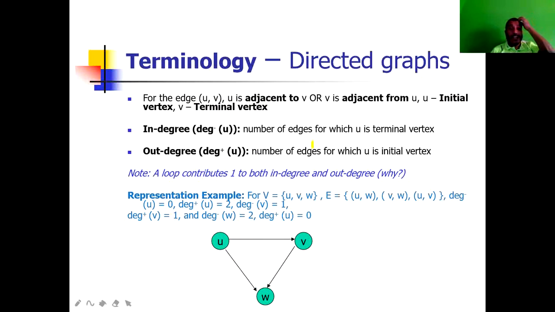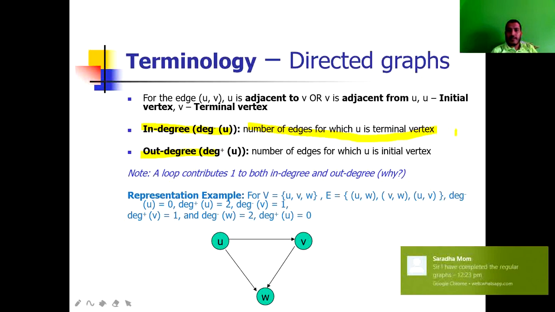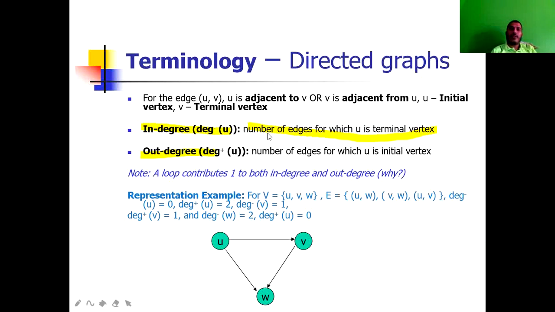When we talk about degree in a directed graph, we have two types of degree: in degree and out degree. In degree is represented using minus, out degree using plus. In degree means the number of edges for which U is a terminal vertex.